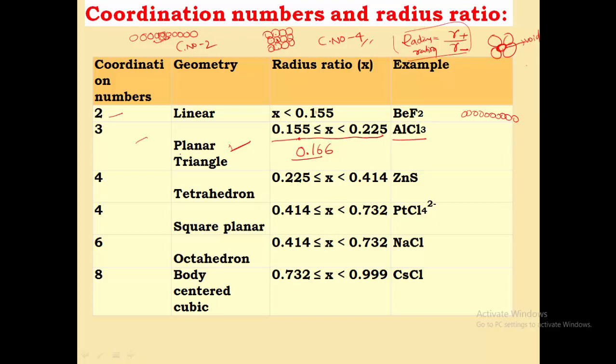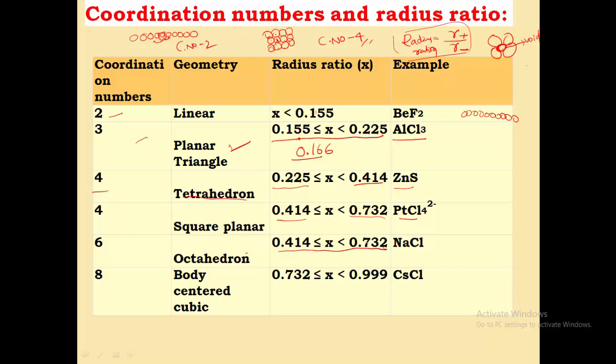Next, if the geometry is tetrahedron and the coordination number is 4, then the radius ratio is 0.225 to 0.414, and the example is ZnS. Next, coordination number 4 with square planar structure has radius ratio 0.414 to 0.732. Example is PtCl4. And the coordination number 6, structure octahedron, has the range 0.414 to 0.732.